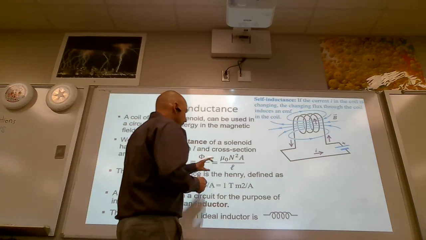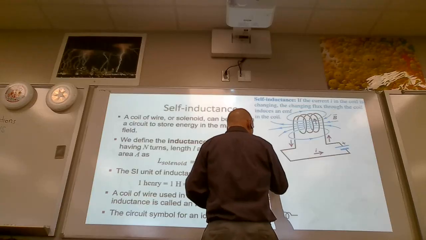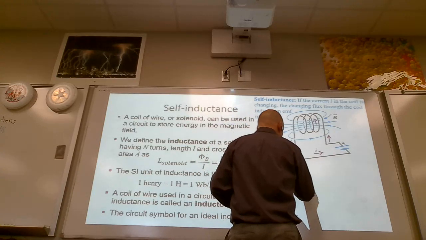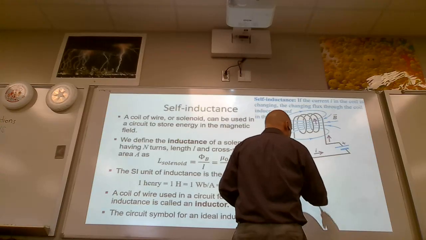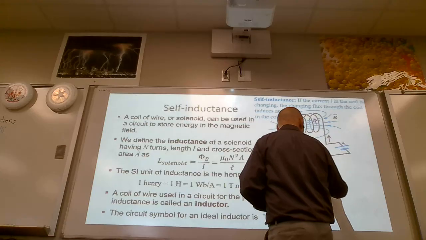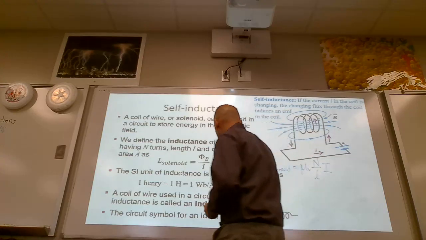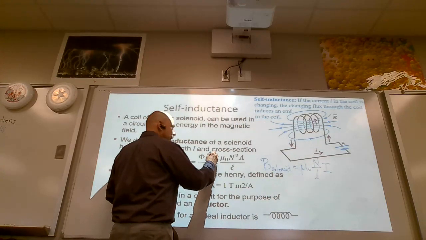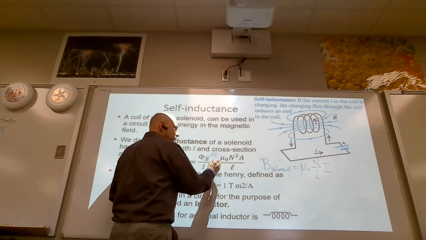If you look at the magnetic field of a solenoid, that's equal to the permeability of free space times the number of loops over the length times current. And flux is equal to area times the magnetic field.